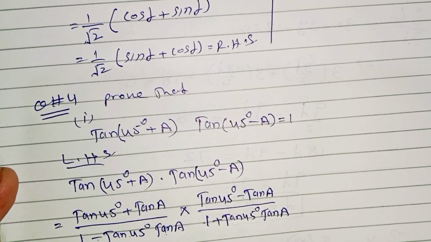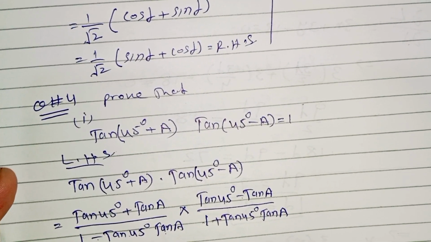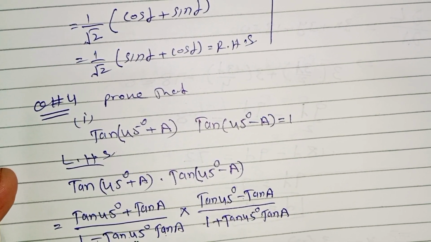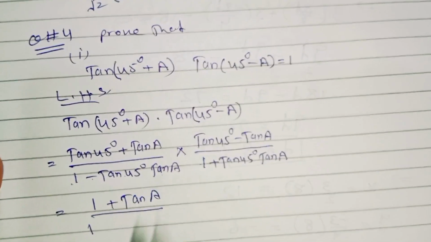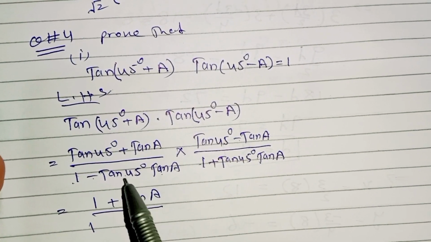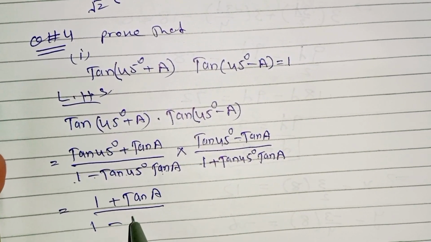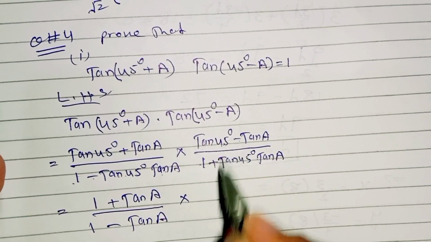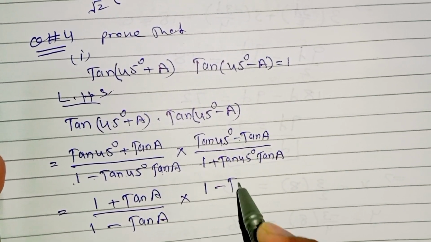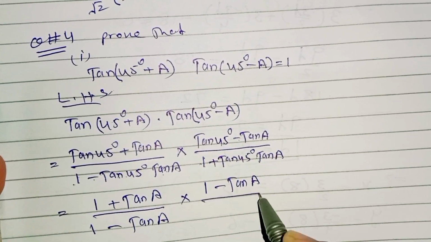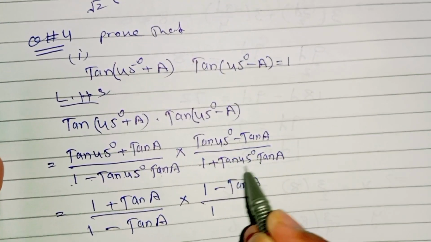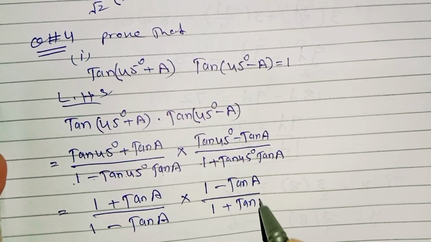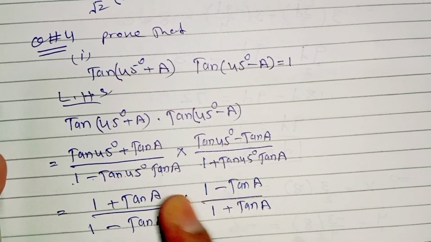So here we have 1 plus tan A over 1 minus tan A, since tan 45 degree is equal to 1 and 1 multiplied by tan A becomes tan A. Multiplied by 1 minus tan A over 1 plus tan A, since tan 45 degree is equal to 1 and 1 multiplied by tan A will be equal to tan A. So both fractions are reciprocal of each other.